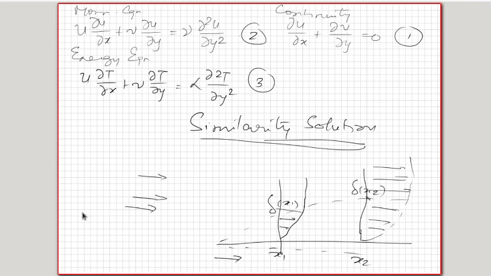So if this is the y direction, I plot u by u infinity, which is the non-dimensional velocity, going from 0 here to 1 here, against y divided by the delta at that x.